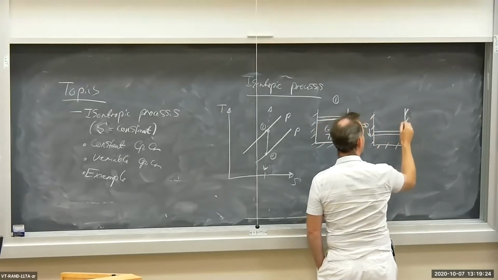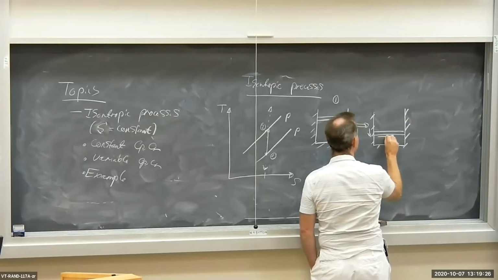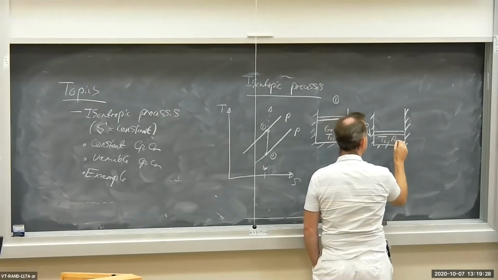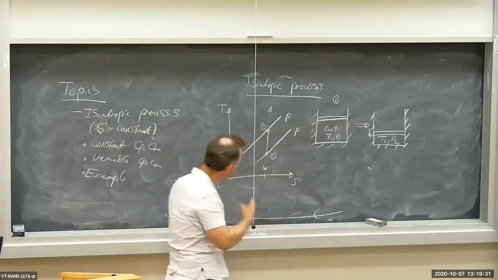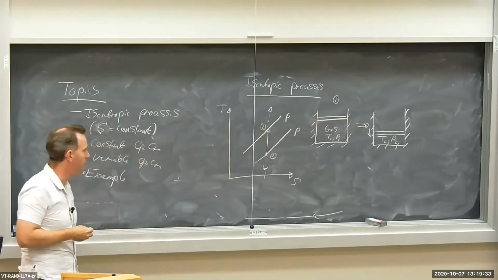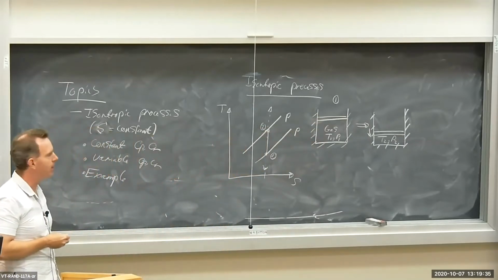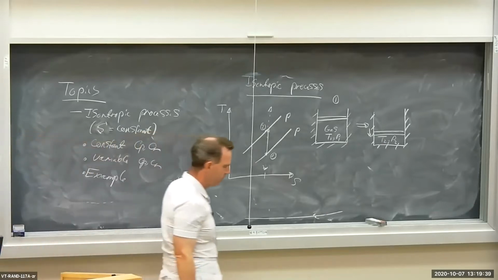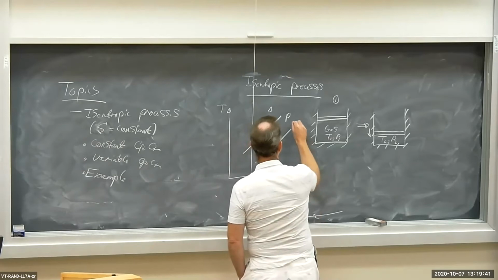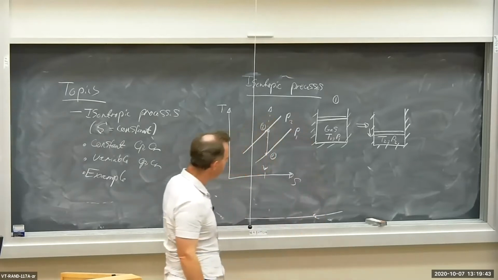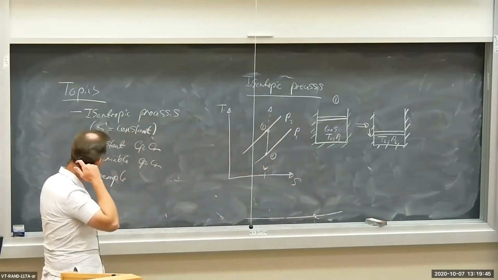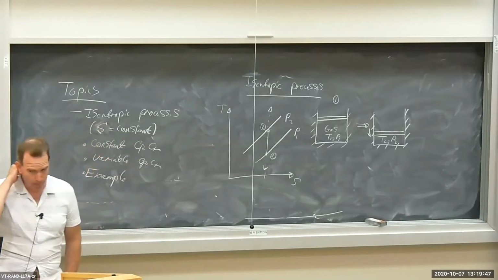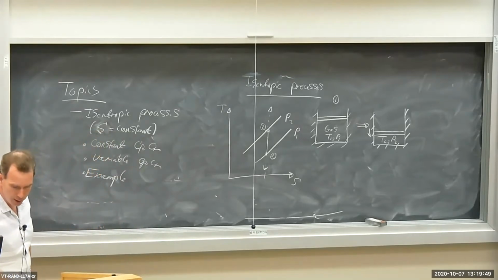So we have some sort of an isentropic compression to a temperature T2 and P2. All right, so that might be what's going on in this TS diagram here. Some sort of an isentropic compression process of a gas. Pressure goes up. So here's P1 and here's P2, okay? So that's an example.